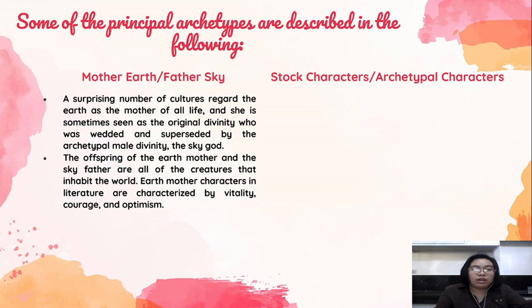The offspring of the Earth Mother and the Sky Father are all of the creatures that inhabit the world. The Earth Mother characters in literature are characterized by vitality, courage, and optimism. So the common characteristics of a mother in literature can be characterized by vitality, courage, and optimism.